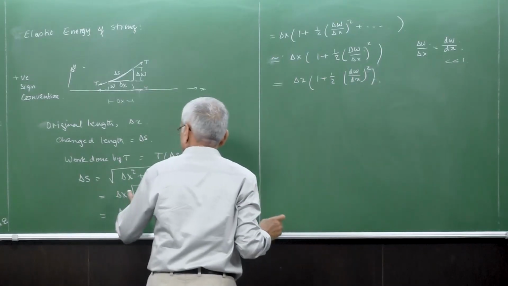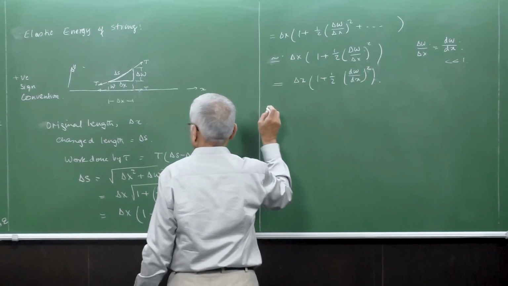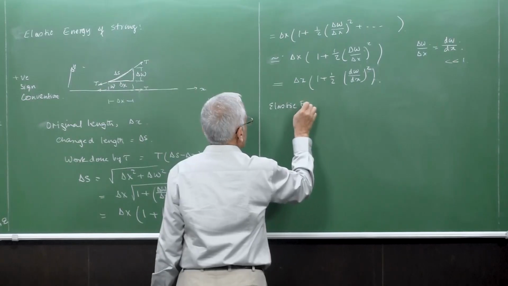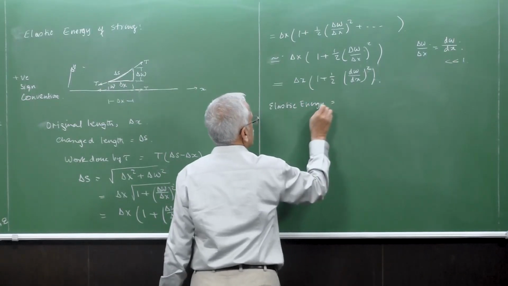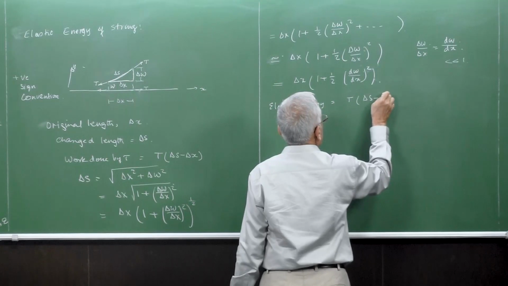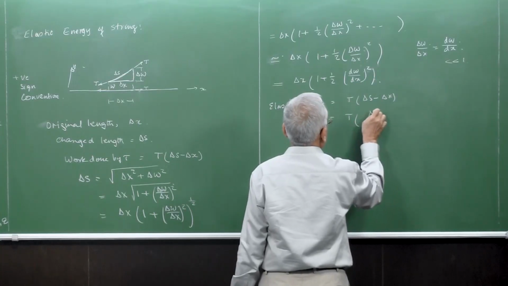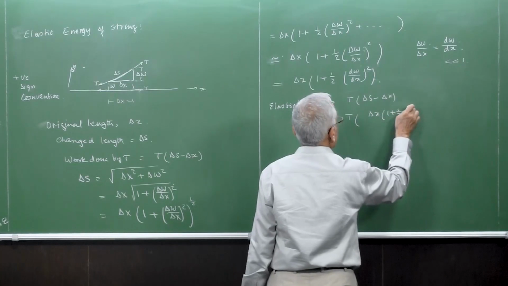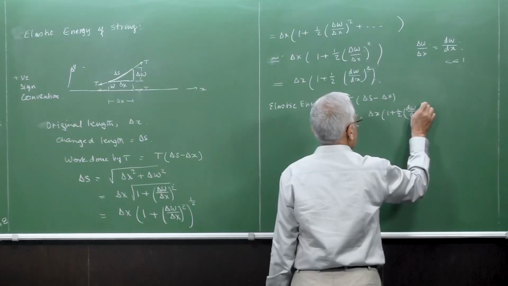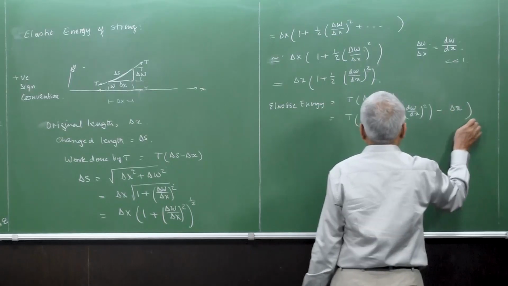All right, so now substituting this into this equation, the elastic energy, or work done by T, is the change in elastic energy, T into delta X times 1 plus half dW by dx square, and this delta S part, and this is delta X, right?